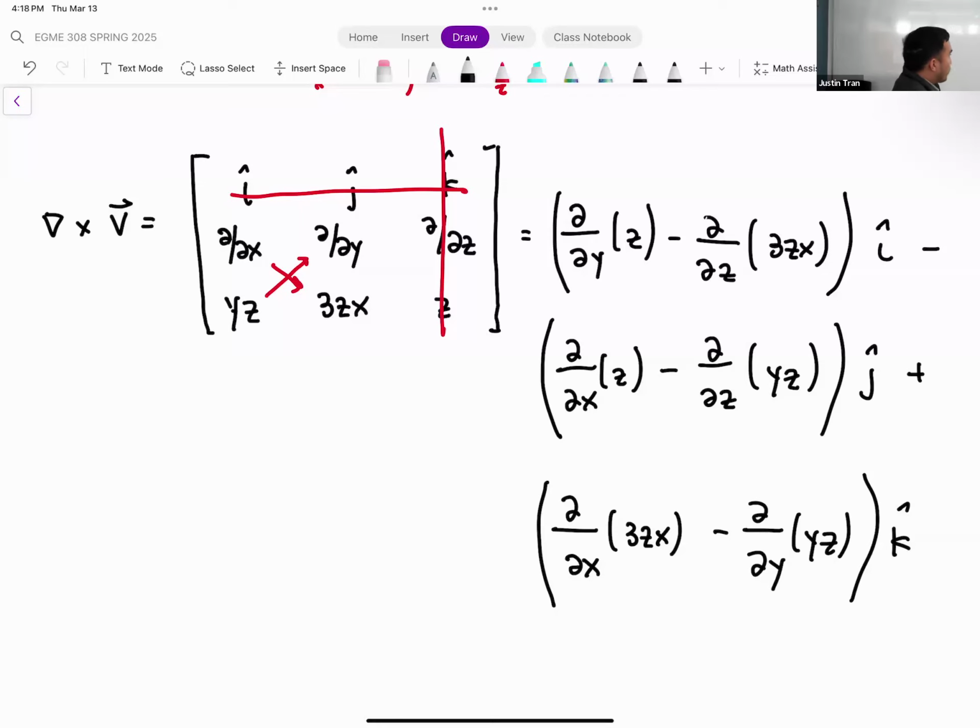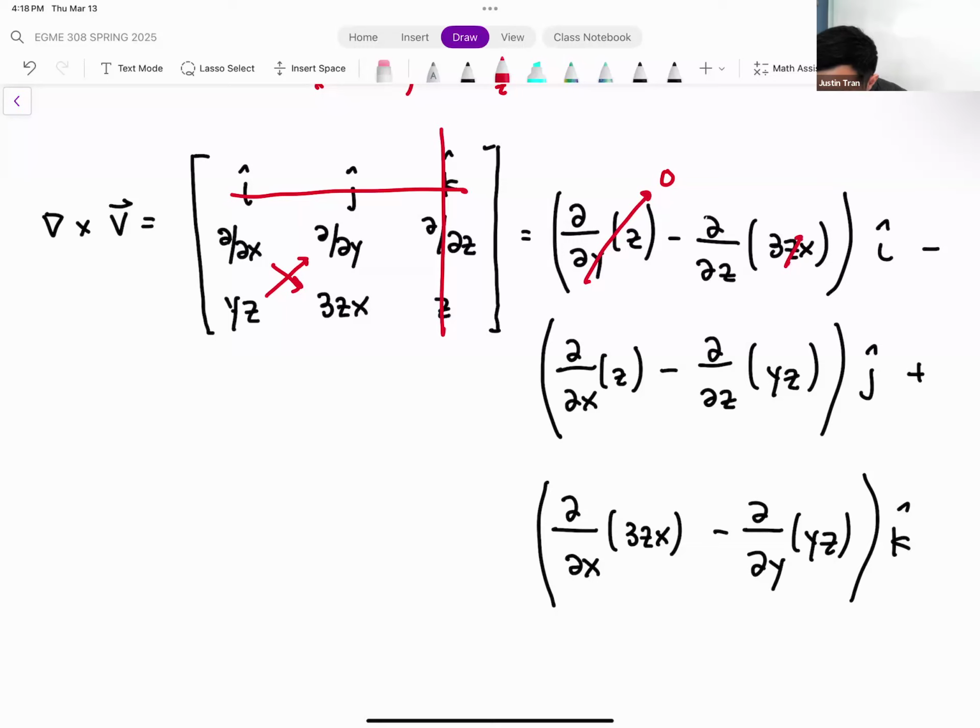Let's evaluate all of these partial derivatives. Remember, when you're taking the partial derivative, all the other variables are treated as constants. First we have partial y of the function z. This is just going to be 0 because there's nothing in that expression that's a function of y. Next, we have partial z of 3zx.